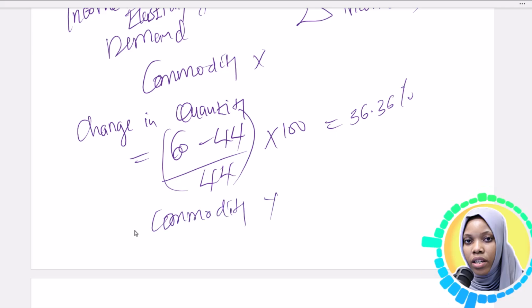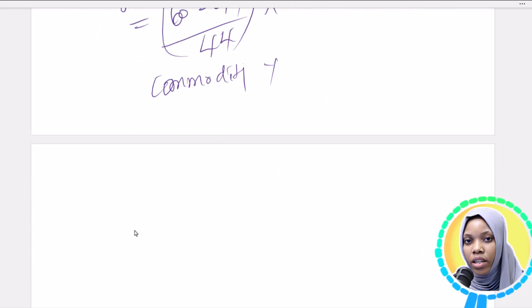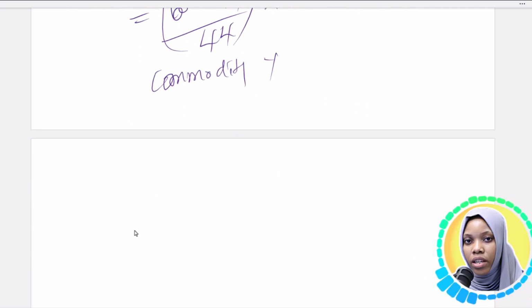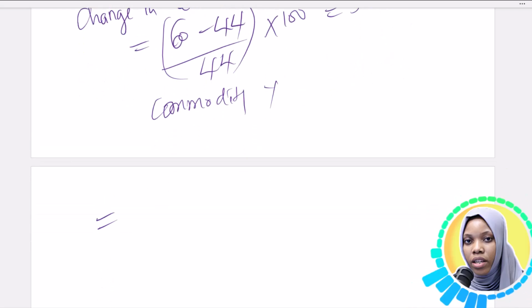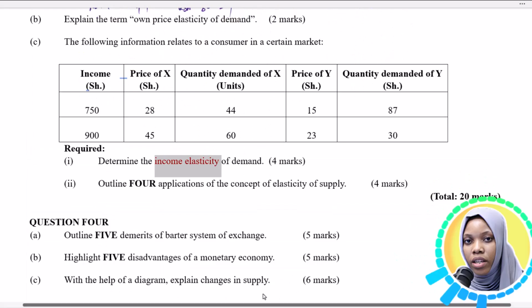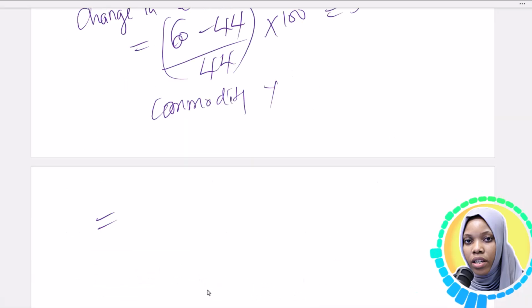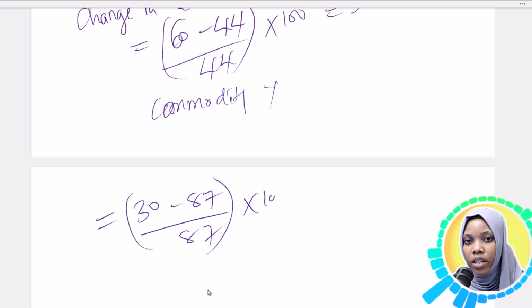The change is going to be, let's just go back to our question, it's easier that way. It's 30 minus 87 divided by 87. That is the new minus the old divided by the old, and then multiply by 100%.